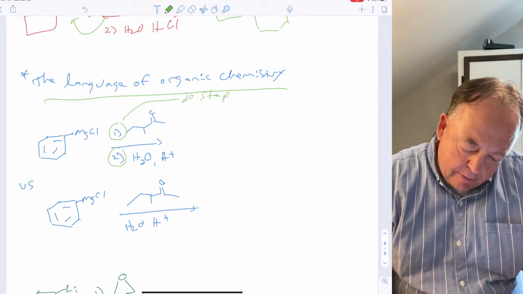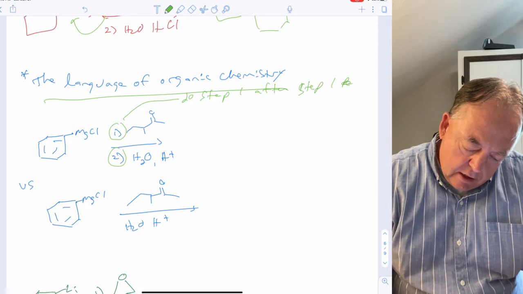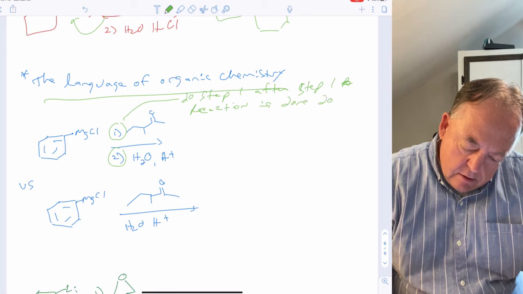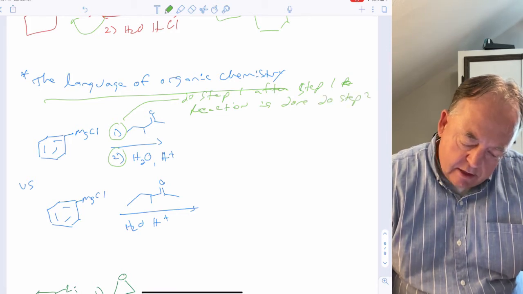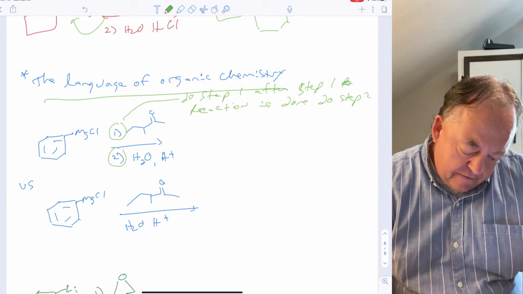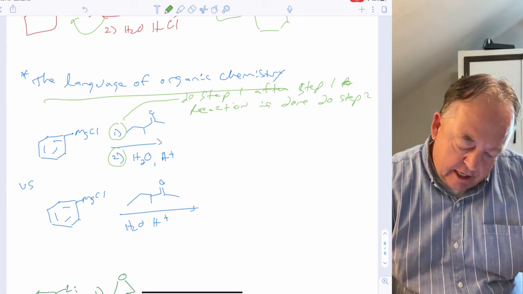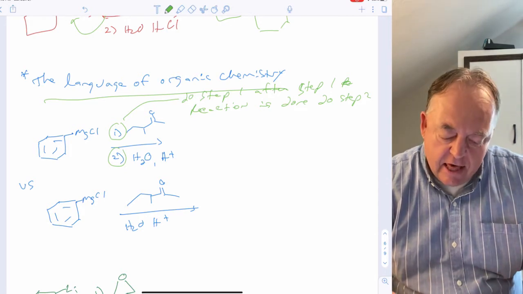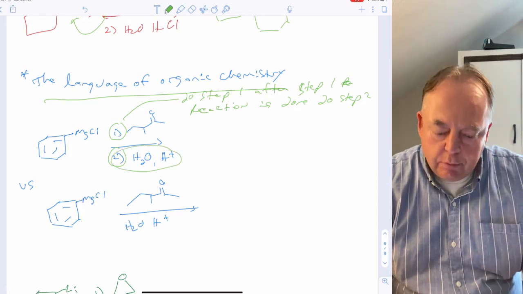What that means is do step 1. After step 1, the reaction is done, and then do step 2. So that means you take the Grignard reagent and the ketone, let those two react with each other. After that reaction is done, then you add the H2O, H plus.